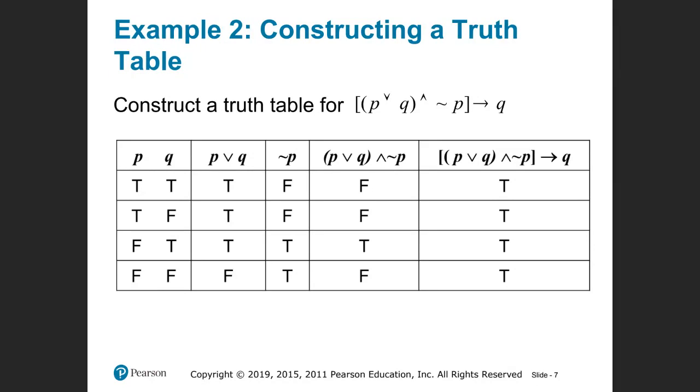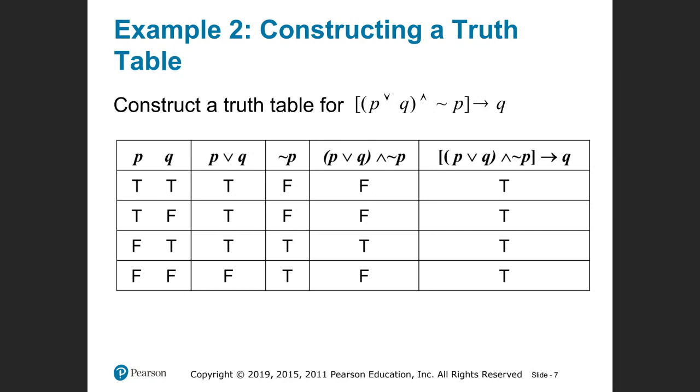The next part inside the brackets is the not P, so we have to find not P, which is the negation of P. So now we've got our part inside the brackets. That is our fourth column.